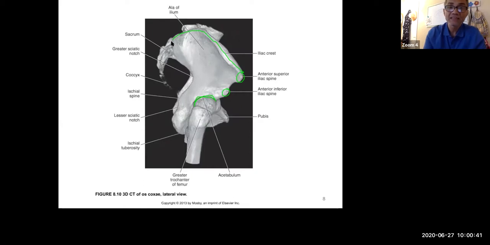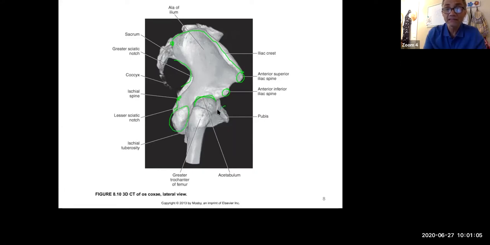On the posterior aspect, the posterior superior iliac spine, along with the sciatic notch, the greater one, and this is the lesser one, and this is a small pointed area, which we refer to as the ischial spine.